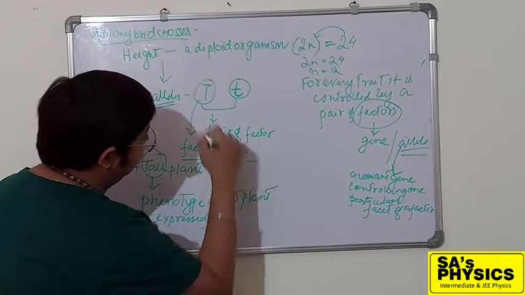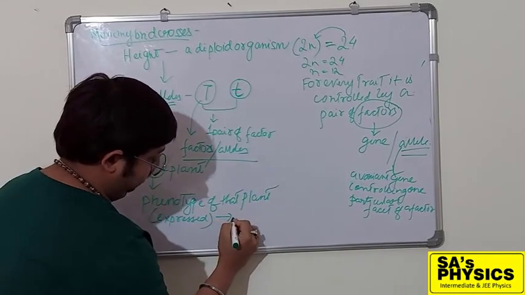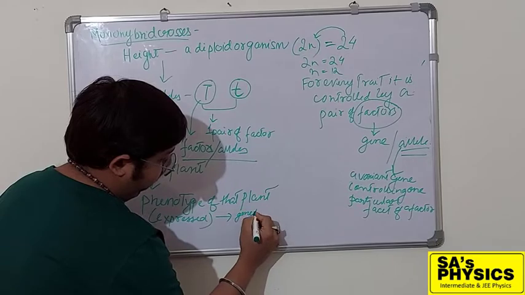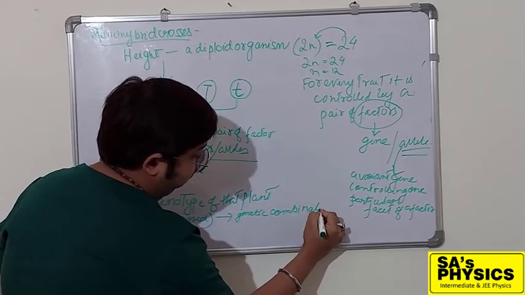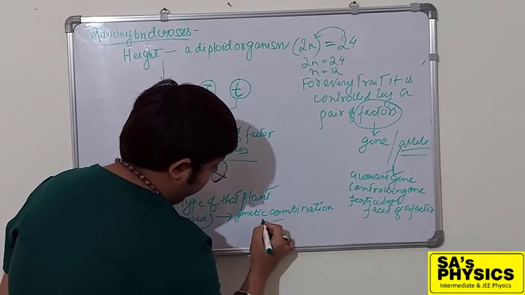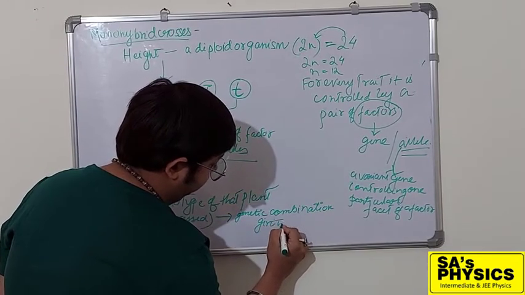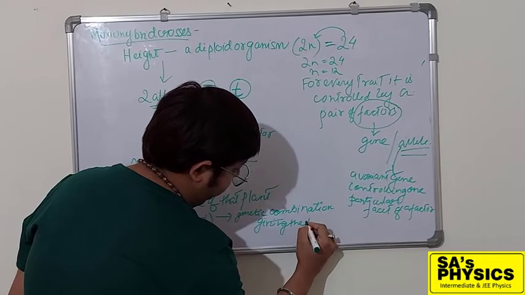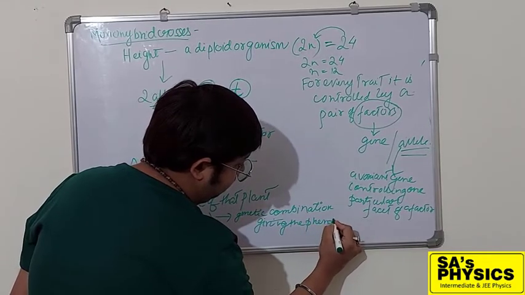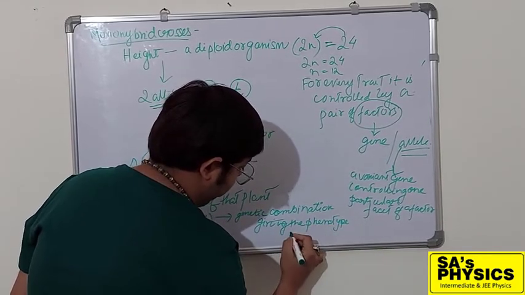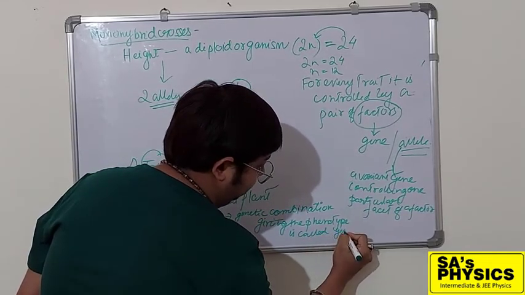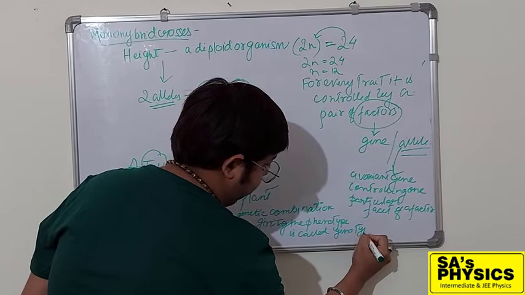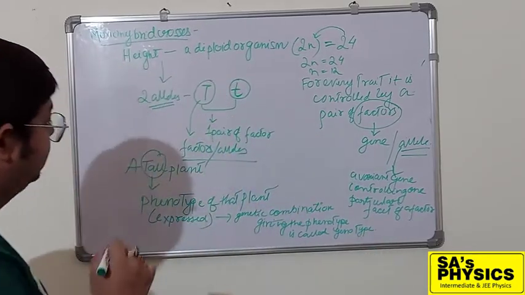And the genetic combination giving the phenotype is called genotype, right?